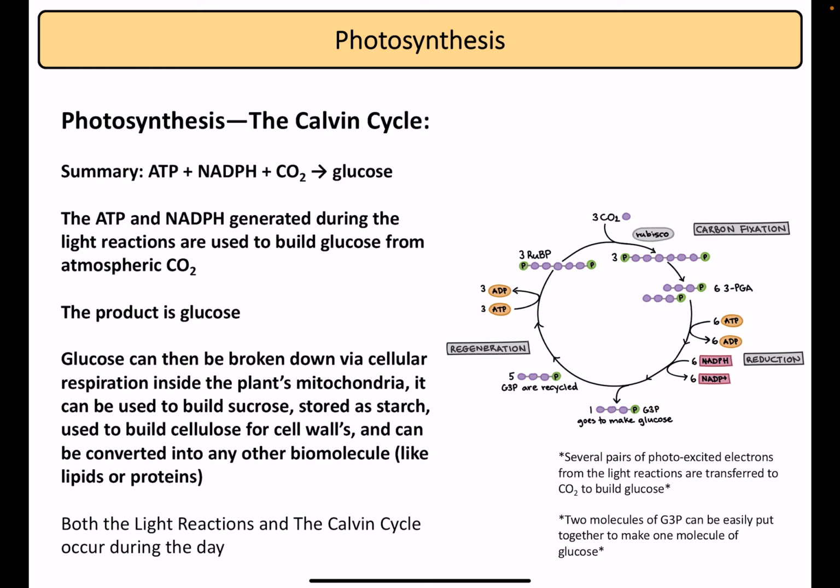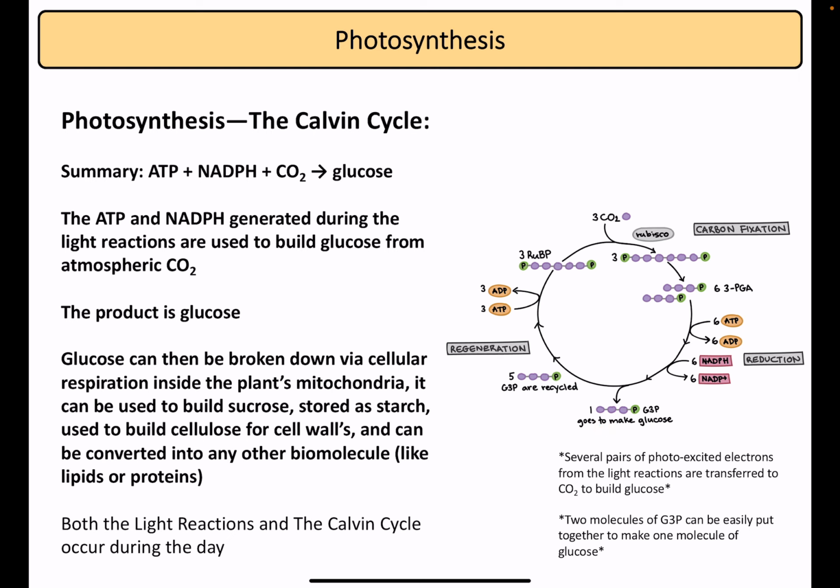So I'll say that again. The CO2 that is, in a sense, inhaled into the leaves via the stomatal pores, we take our ATP and our high energy electrons carried by NADPH, and we transfer them to CO2 multiple times to help us build a bigger molecule until we eventually have glucose.